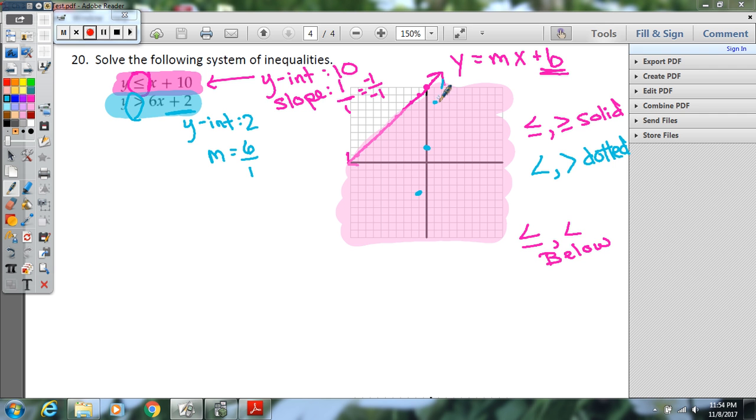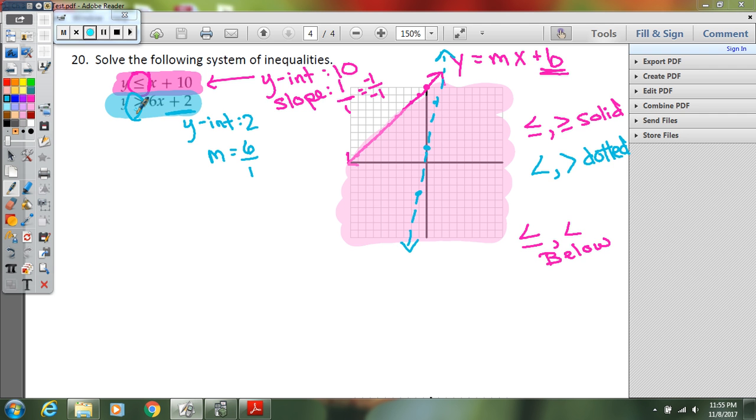So I'm going to come in here. This is harder for me on my tablet than it is for you guys. Okay. So I got my dotted line going on. Then guys, it's greater than. So if it's greater than, we shade above the line.